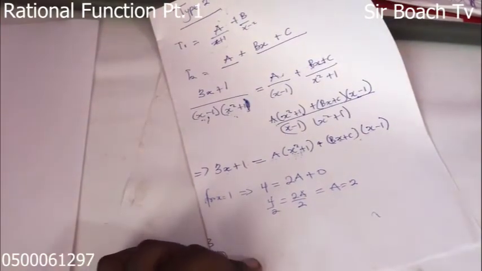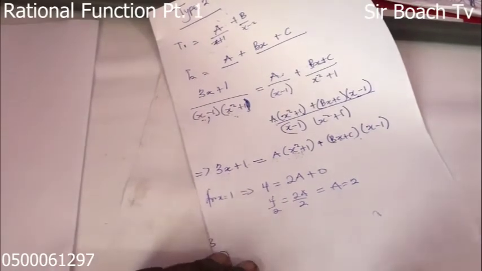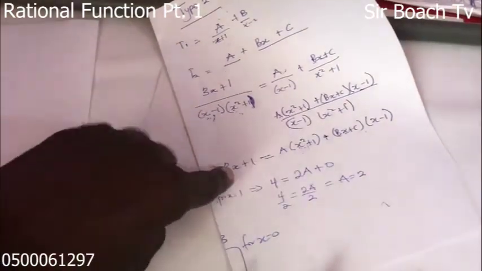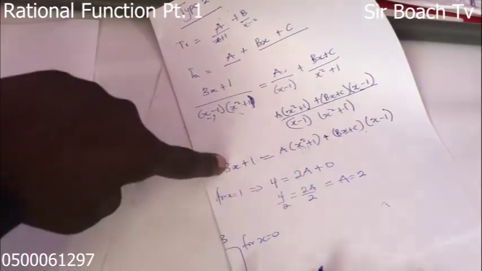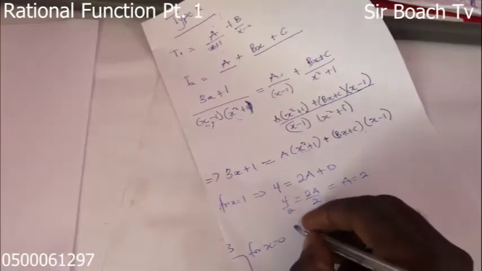Let's try 0. Okay, let's leave 1 and come to 0. So for s equal to 0, if we put 0 here, this side will go to 0. So we're going to get 1.